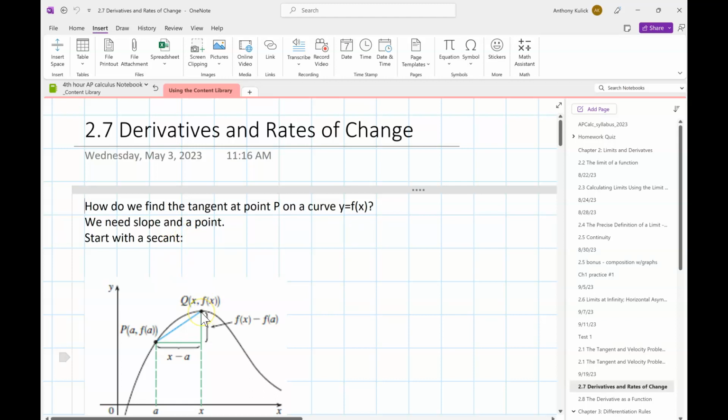So we pick some point Q, also on the curve f of x, and we look at what's going to happen as that Q gets closer and closer to P, right? And when Q and P are the same point, that secant has become a tangent. Everybody's okay with that?